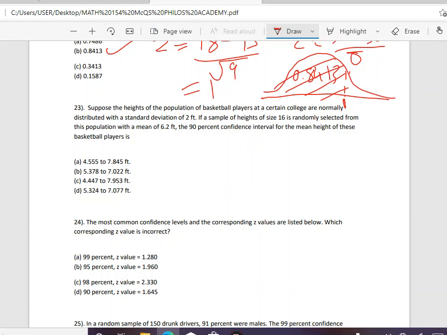Here, we've been given a population standard deviation, so you should use Z. Though the sample size is small, since you've been given a population standard deviation, you still have to use Z. The standard deviation of 2 feet refers to the population. Though the sample size is less than 30, you still use the Z.